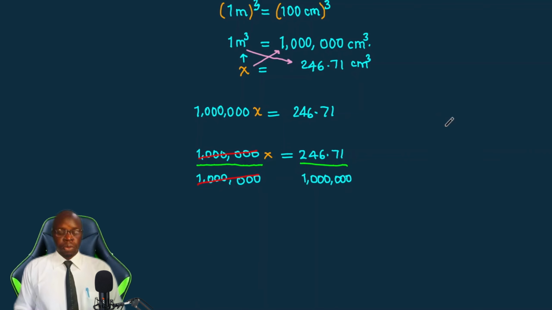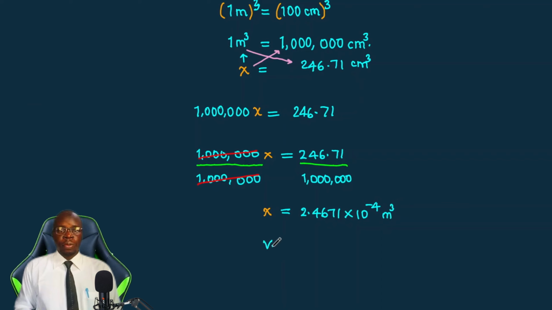Now, when we divide our answer by 1 million, we simply get the value for x as 2.4671 exponent -4, and that becomes cubic meter.